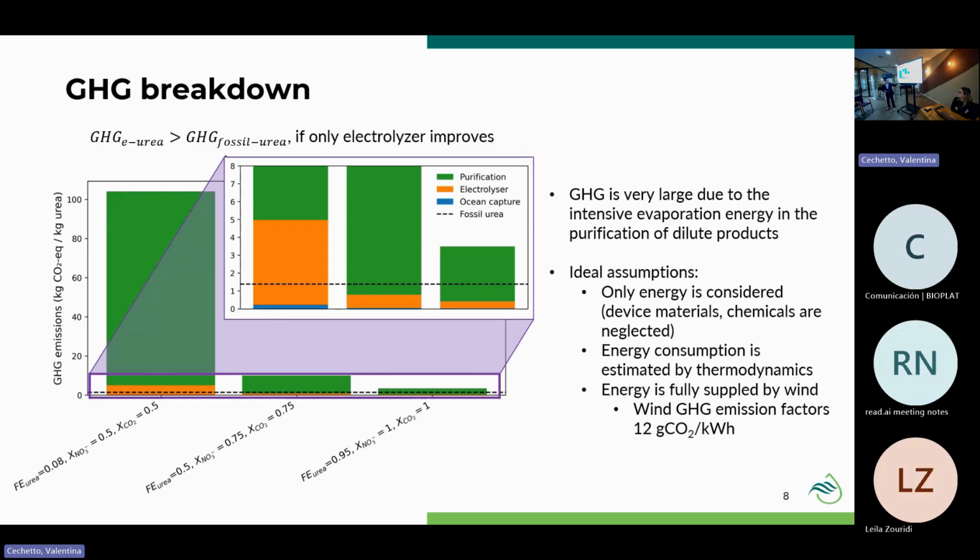But if we improve that to this column, the efficiency is almost 100%, and also the conversion of nitrate and CO2 is also 1. But still, we see that it still cannot compete with fossil urea. That's just for greenhouse gas emissions. We are not talking about the economics yet.